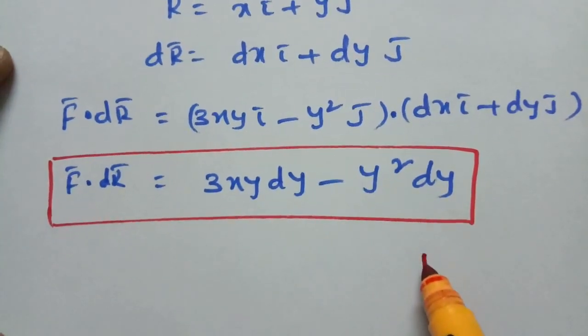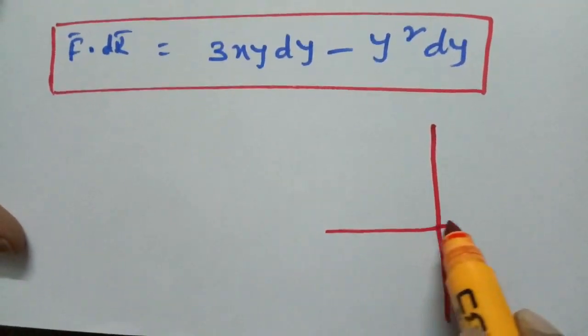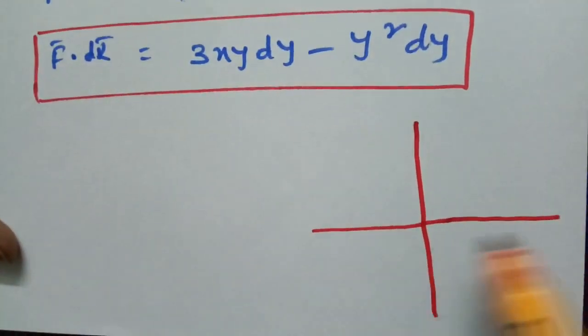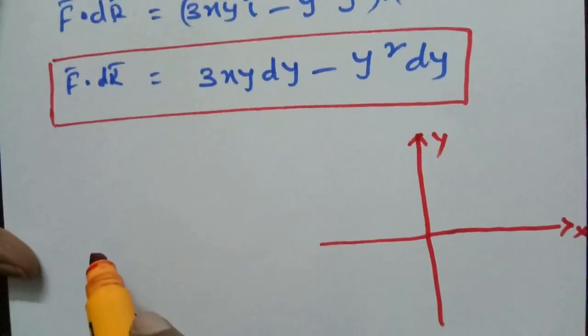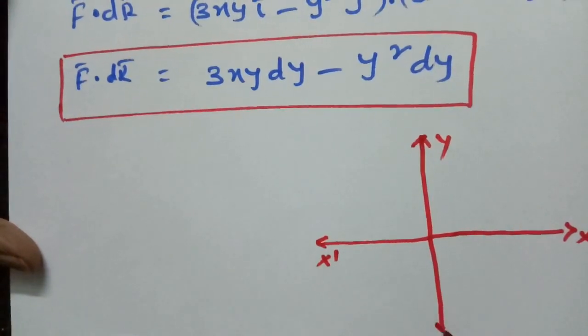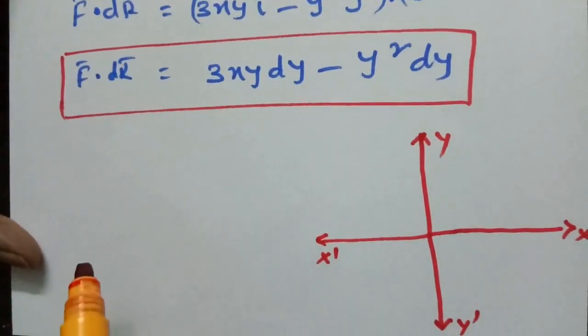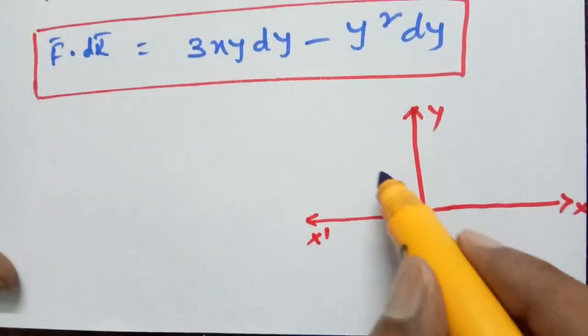Here C is the curve y is equal to 2x square, that is the parabola symmetrical about the y-axis passing through the origin.